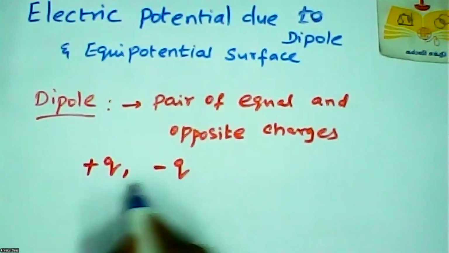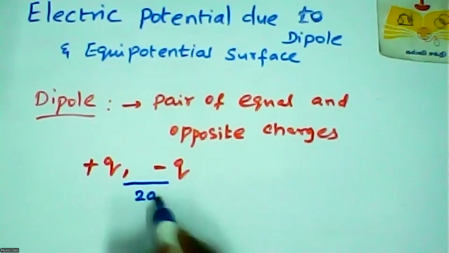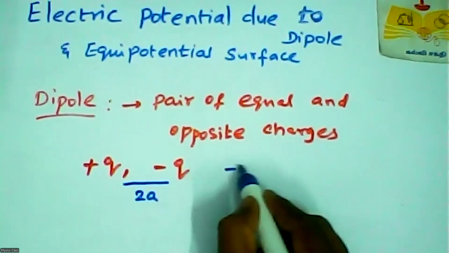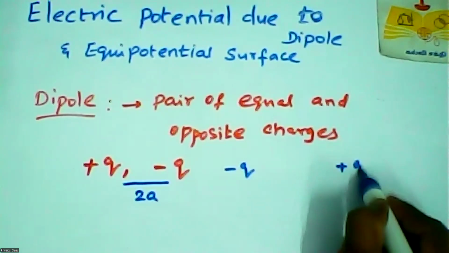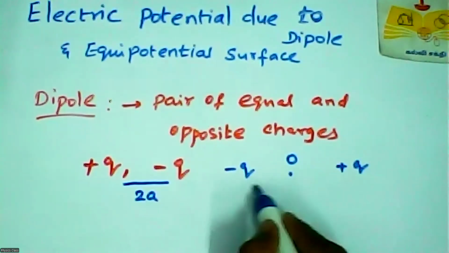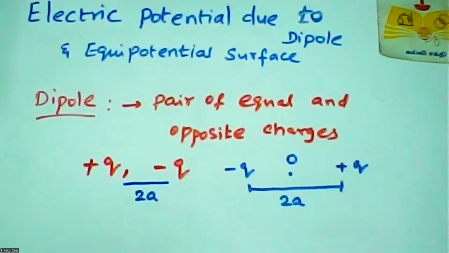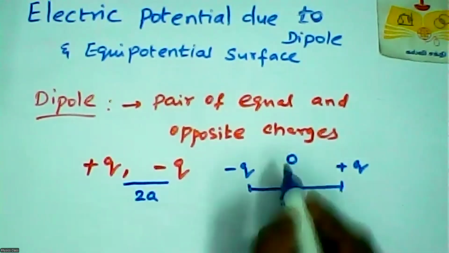They are separated by a small distance like 2a. For example, here minus q, here plus q, and here the origin.